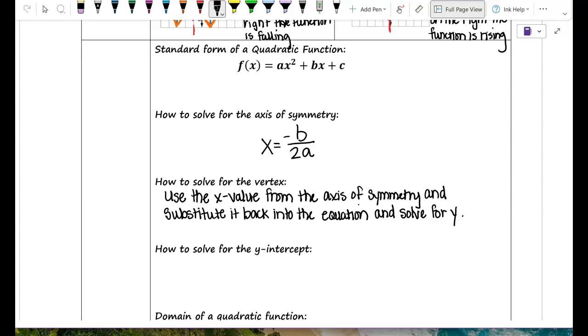There is going to be a little bit more work here to get the information that we need to be able to graph from standard form.